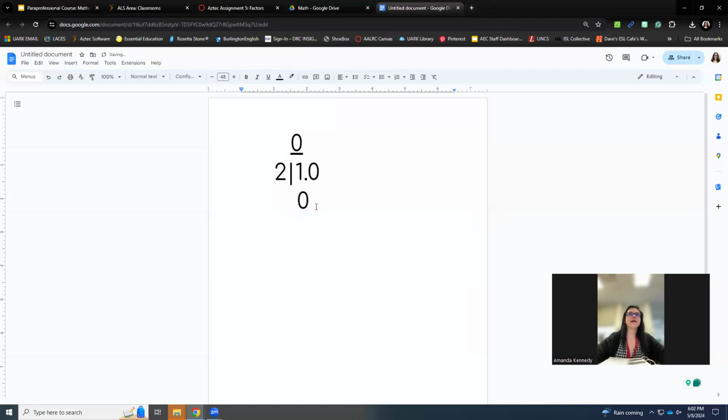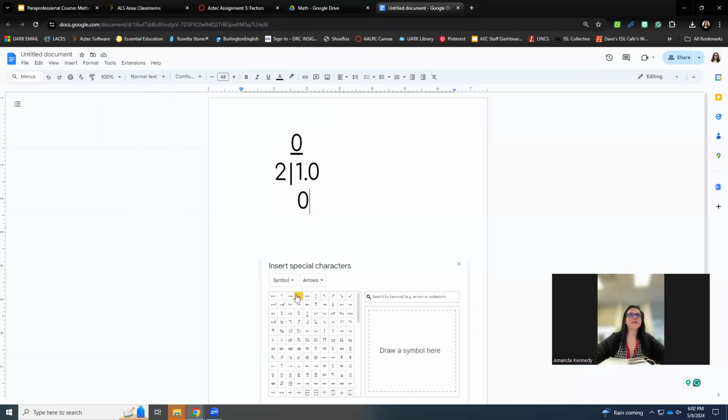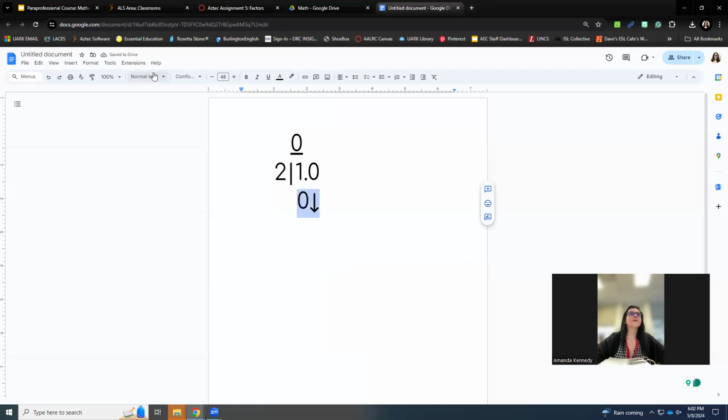So what it's going to look like. Let's do insert special character. We'll do that little arrow right there. Okay, we're going to underline both of these. And I know it looks awkward for you guys. I'm sorry. It would look better if I could write this on the board for us, but it would be sloppy if I try to do it on this board here.